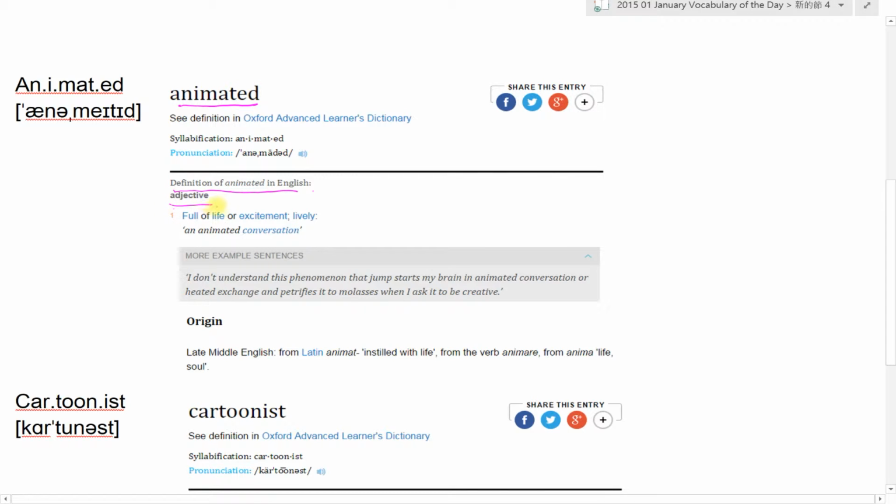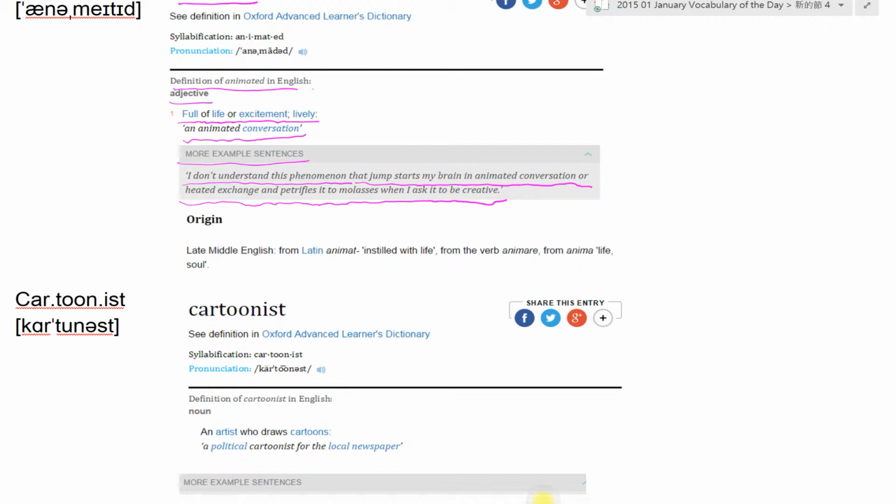Adjective. Full of life or excitement, lively. An animated conversation. More example sentences. I don't understand this phenomenon that jump-starts my brain in animated conversation or heated exchange and petrifies it to molasses when I ask it to be creative.